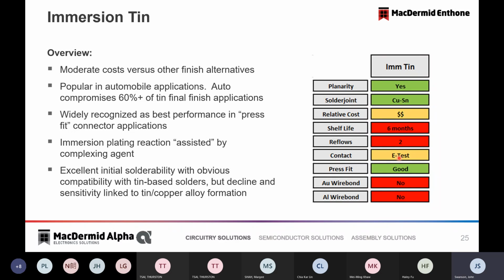And that intermetallic, I'll show in a subsequent slide, is less solderable. So we want to find ways to inhibit that and make sure that we can build enough tin thickness to preserve free tin as the circuit board is exposed to multiple assembly cycles.